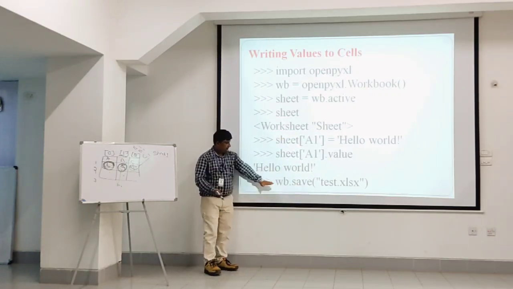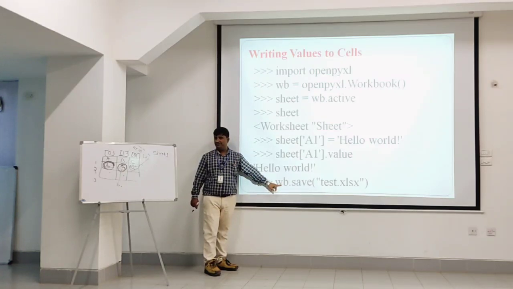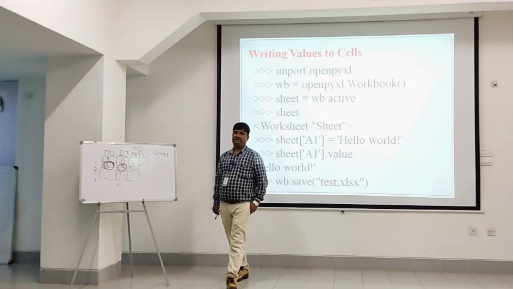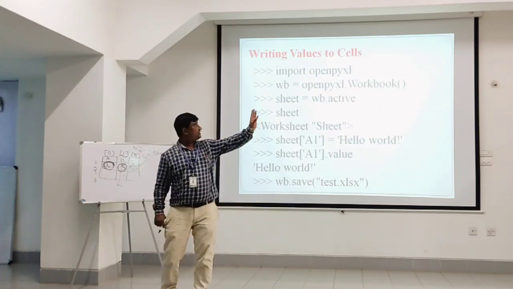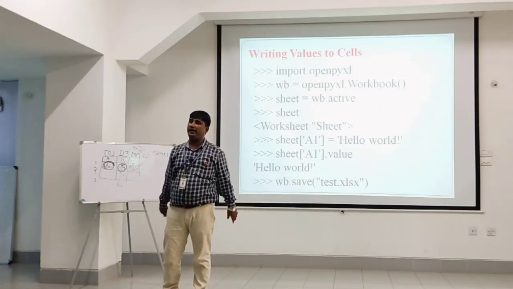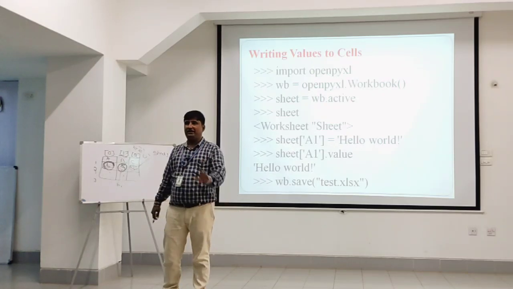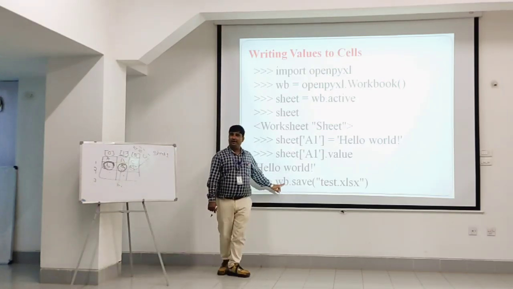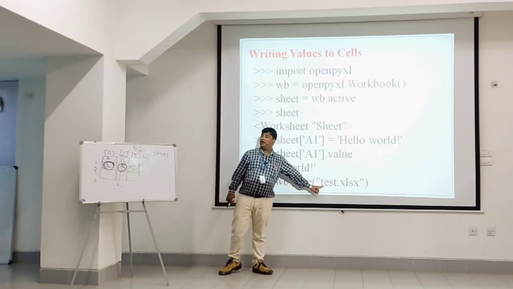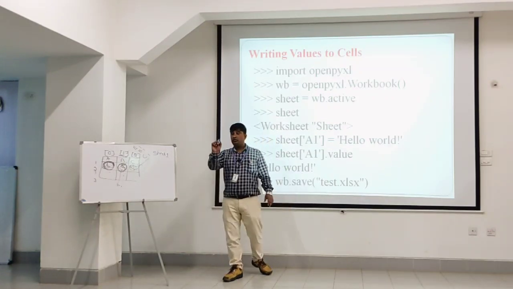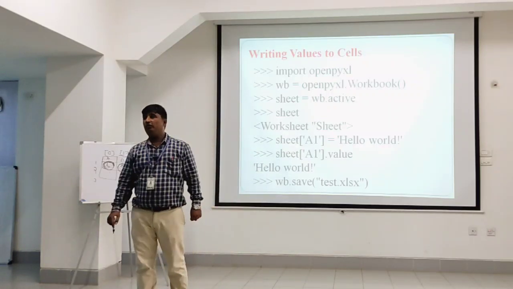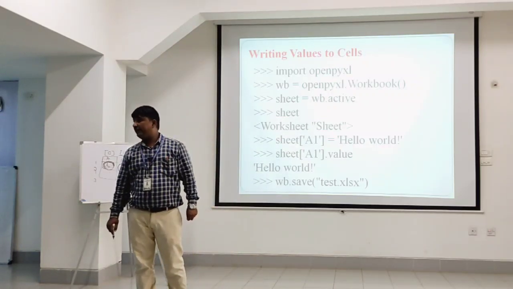Now, assume that I did not use this code: wb.save test.xlsx. What happened? You just close this interactive mode and check once again. You will not get anything until and unless you do wb.save test.xlsx. Now the test.xlsx file will be created in the current working directory.